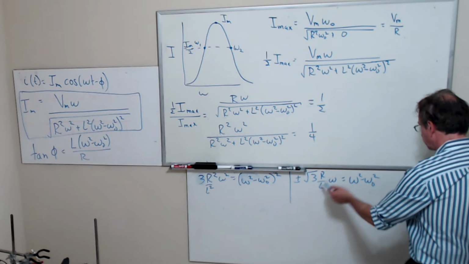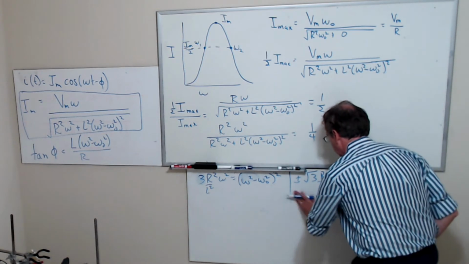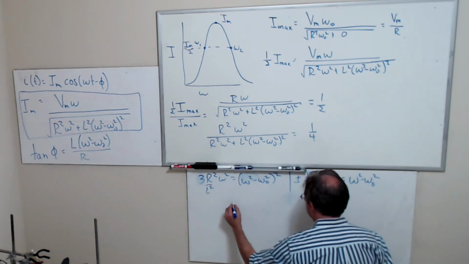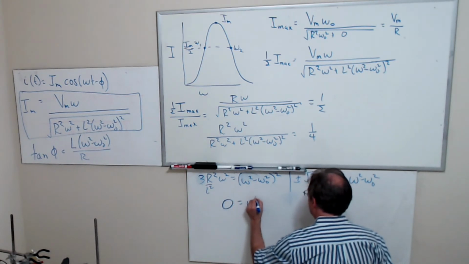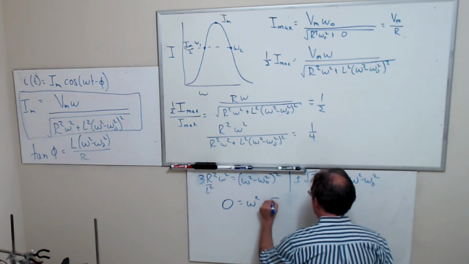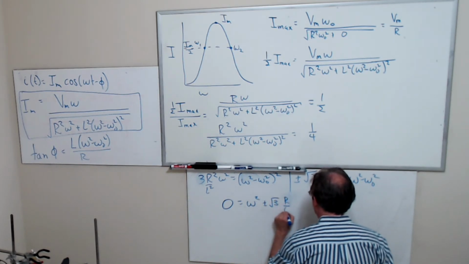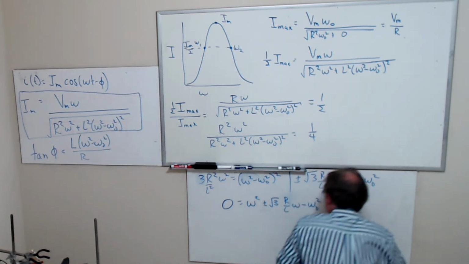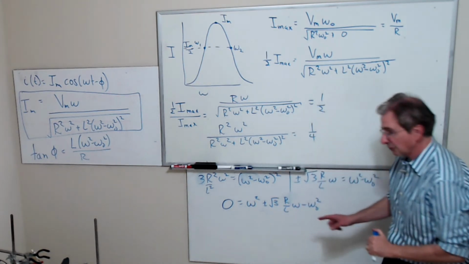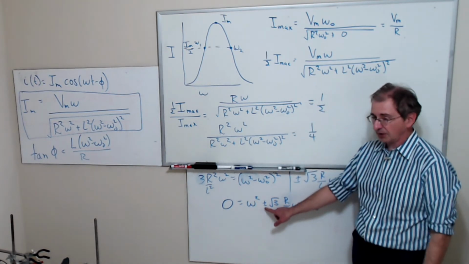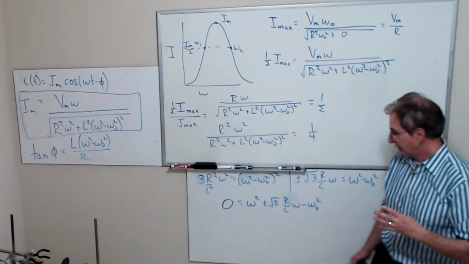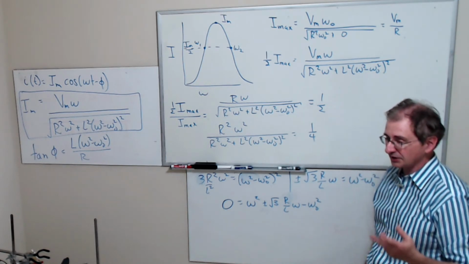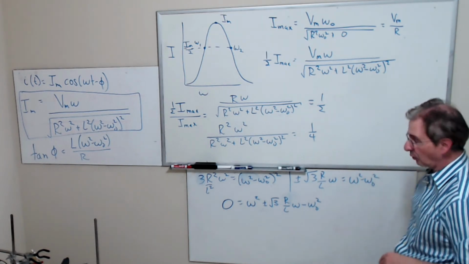Now I'm going to move this to the other side of the equation. Because I have to use the quadratic formula and this can be plus or minus, there are actually 4 solutions to this expression. But frequencies can only be positive, so 2 solutions will be positive and 2 will be negative. It's the positive solutions that I want.